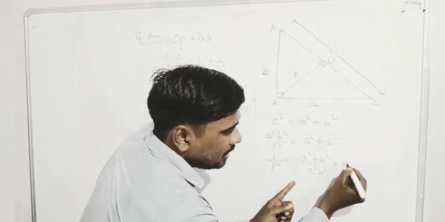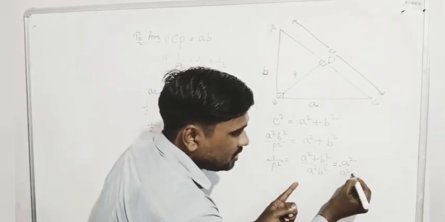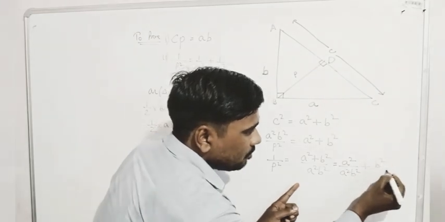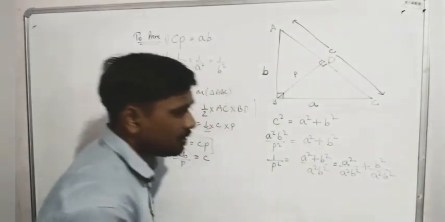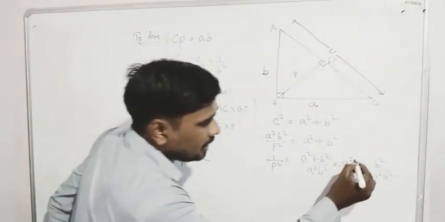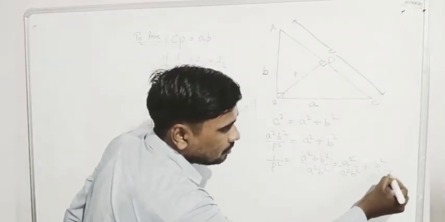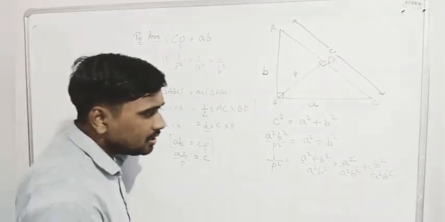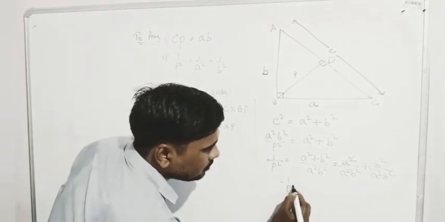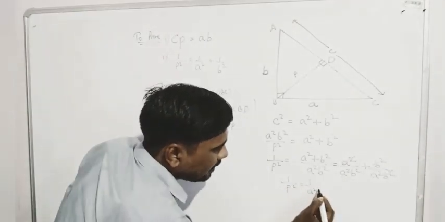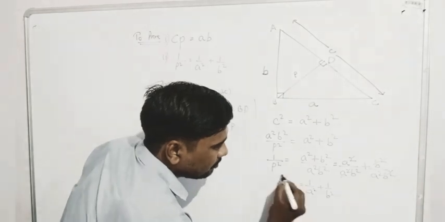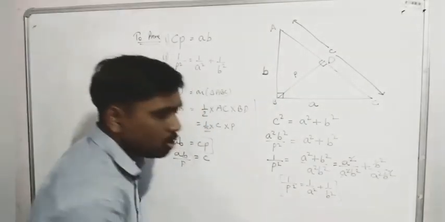So you can write it as A square by A square B square and B square by A square B square. So in the first part A square will be cancelled and second part B square will be cancelled. So what is left? 1 by P square is equal to 1 by A square plus 1 by B square, and this is what we have to prove.